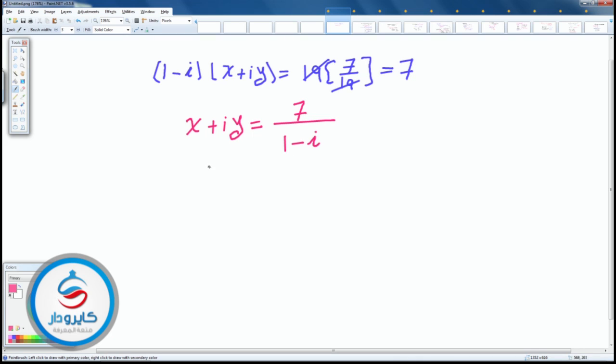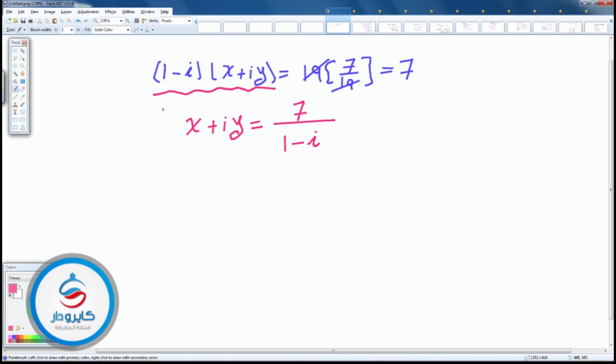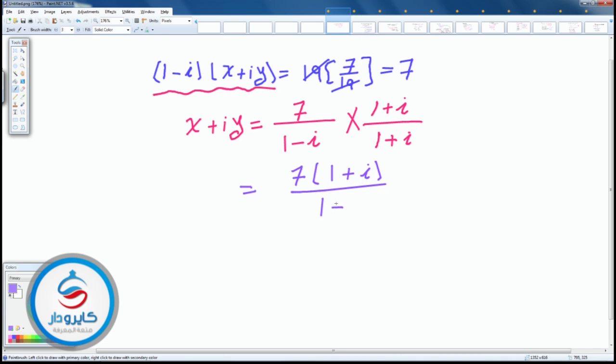So we have another way: we can simplify this part and make two equations together, or by using this method to get one equation directly. So by multiplying by the conjugate, this is 1 plus i and this is 1 plus i. So let's try to solve. This is 7 and this is 1 plus i and this is 1 plus 1.